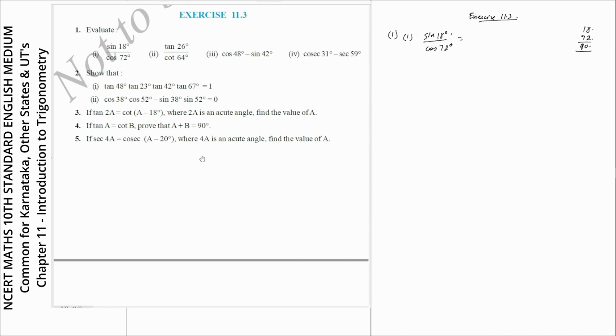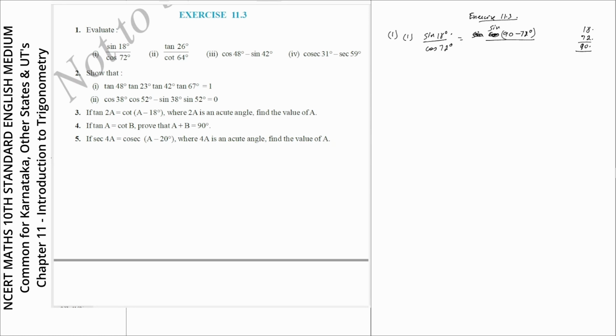So in the numerator, I will write sine of 18 degree as cos of 90 minus 72 degree. Sorry, this is a sine.